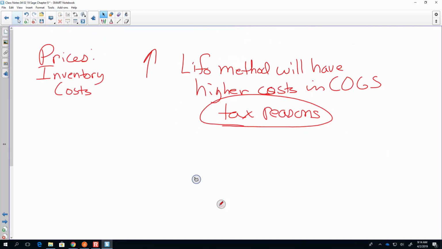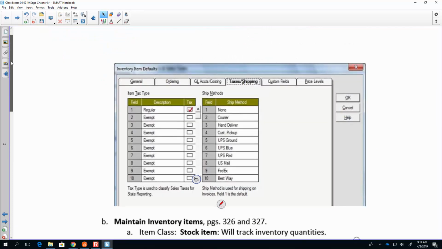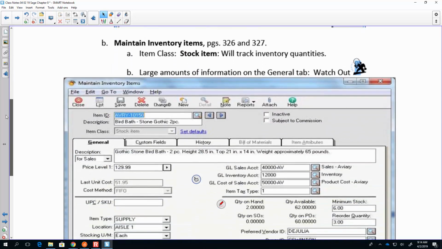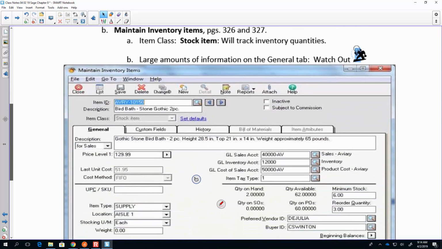I do have a screenshot then of that default section. And then below that on page 2, and if you want to, you can go to page 326. There's a lot of information when setting up inventory.